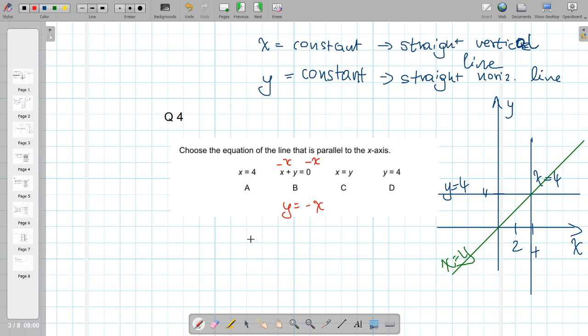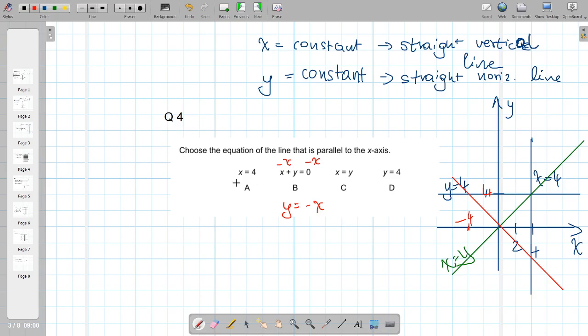So it's going to look exactly the same, but it's going to go the other way around. Like this, right? So now I can see if y equals 4, x equals minus 4.